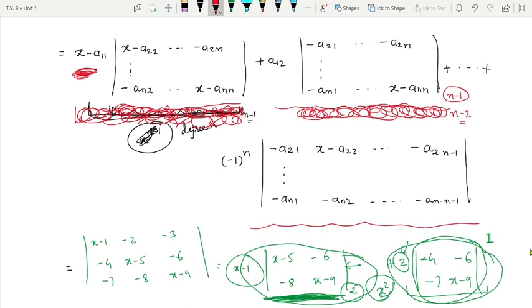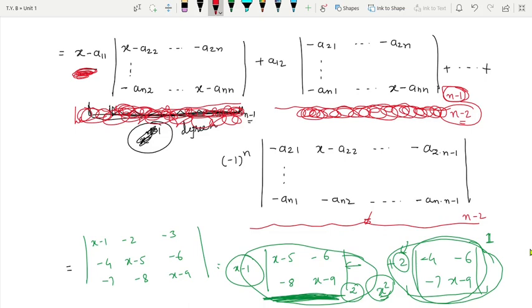In fact, the first column is not containing the term of x, I guess. The rest of the columns will contain it, but the order of the matrix is n minus 1, so you have to reduce it by 1. Since you can see the first column is not containing the term of x, therefore its degree is going to be n minus 2, and similarly for the last one the degree is going to be n minus 2, right? I hope you are getting my point, what I am trying to tell you.